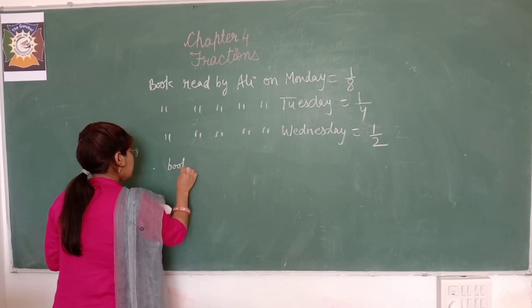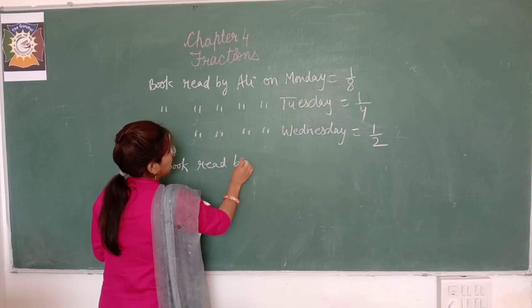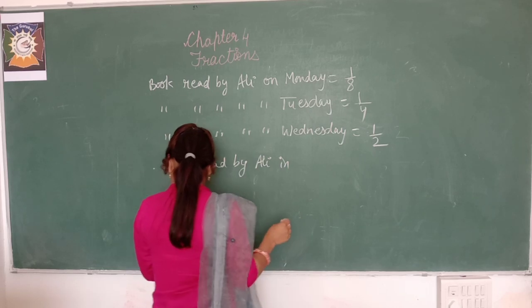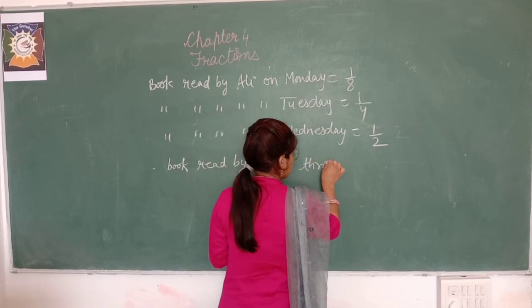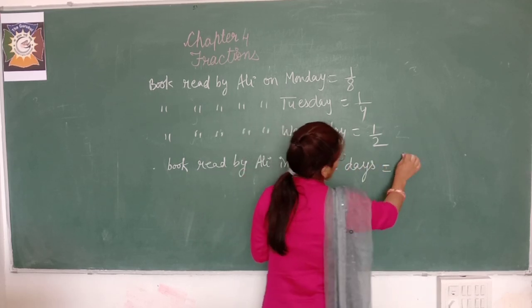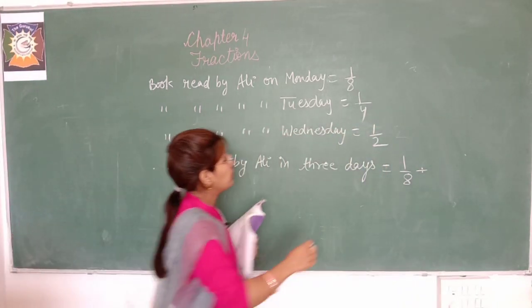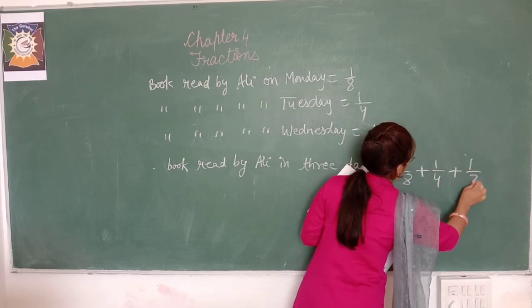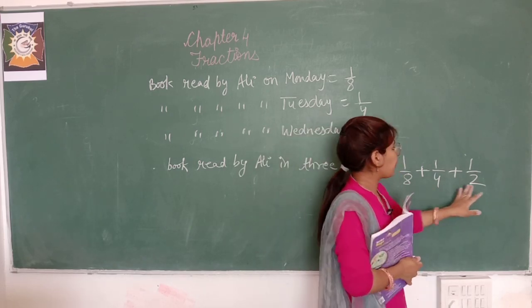Book read by Ali in 3 days is equal to 1/8 plus 1/4 plus 1/2. Children, you can see all the 3 fractions have different denominators.